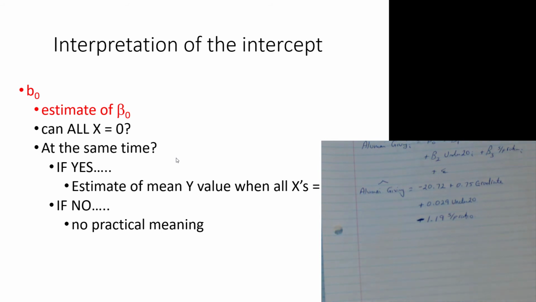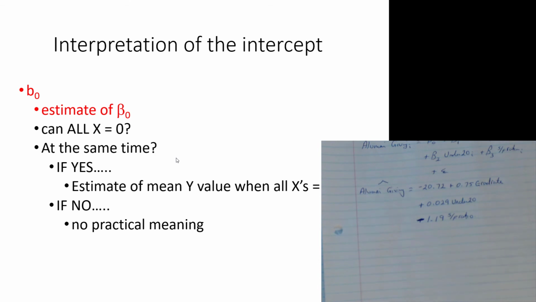The second thing we could look at is whether all those x's could be 0. Even if, big conditional here, please underline it, put asterisks around it, even if minus 20.72 had any practical meaning, could the grad rate, the under 20 rate, and the student faculty ratio all be 0?